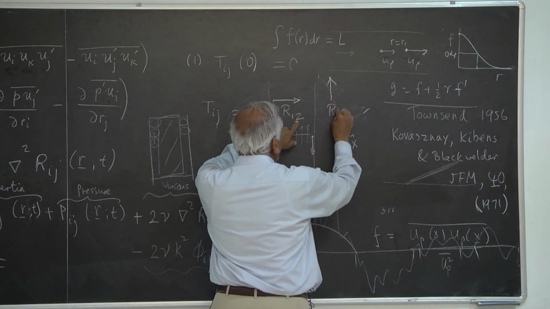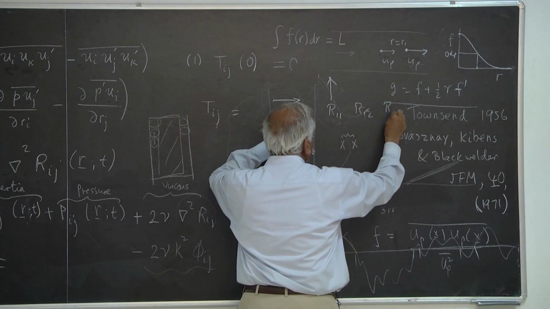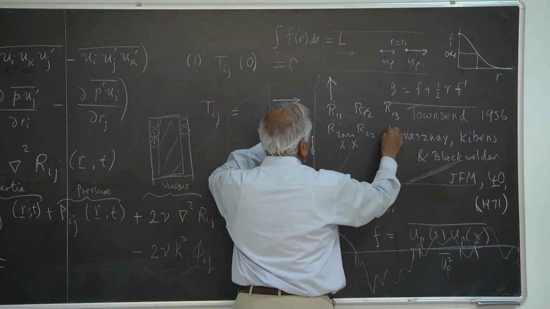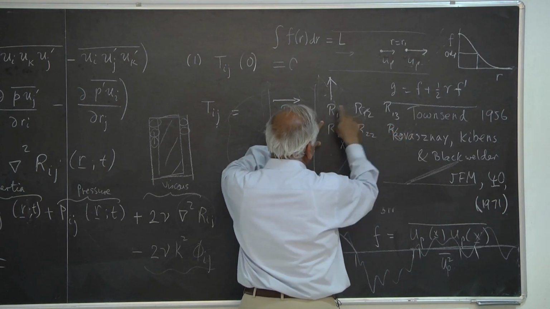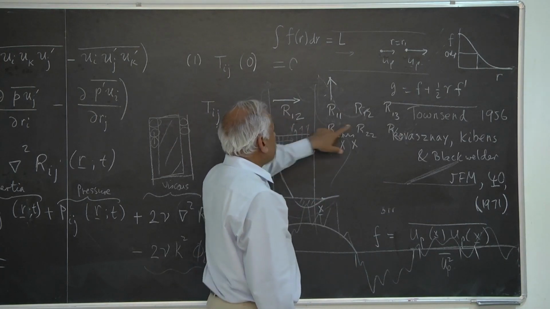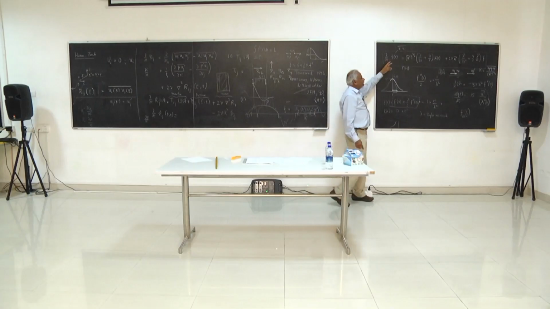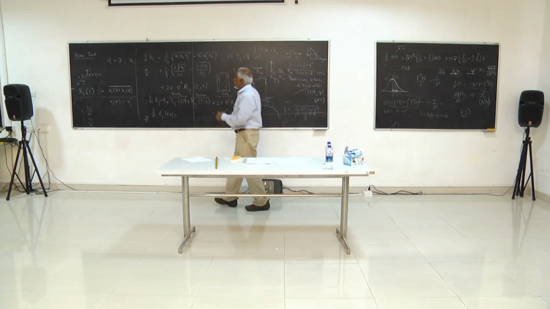So I have R11, R12, R13, R21, R22, R23, etc. So I have a matrix of 9 numbers, but in isotropic turbulence, all of them can be reduced to this f or g, and from that you can construct anything you want.